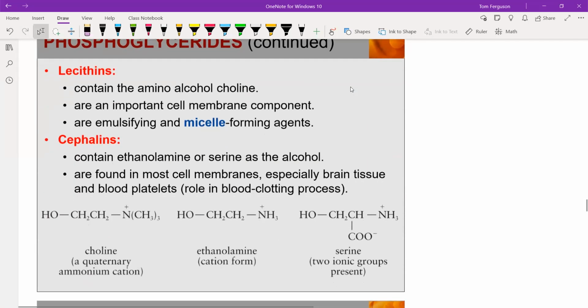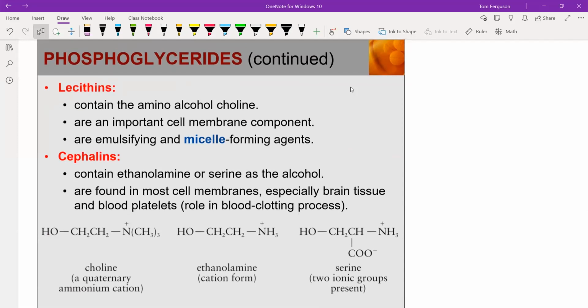Okay, a very common phospholipid is something called lecithin. Who's heard of lecithin? Anyone? Has anyone made mayonnaise from scratch?